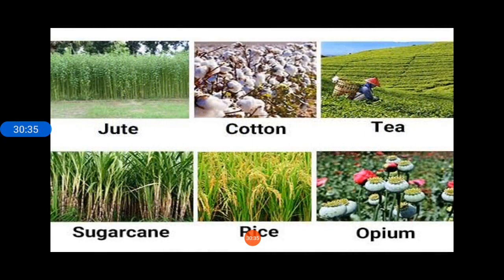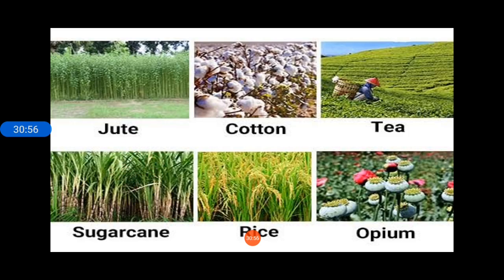Along with opium and indigo, the Britishers also forced and convinced our Indian farmers to grow other cash crops like jute in Bengal, then tea in Assam, then sugarcane in the United Provinces. United Provinces means a large part of Uttar Pradesh.